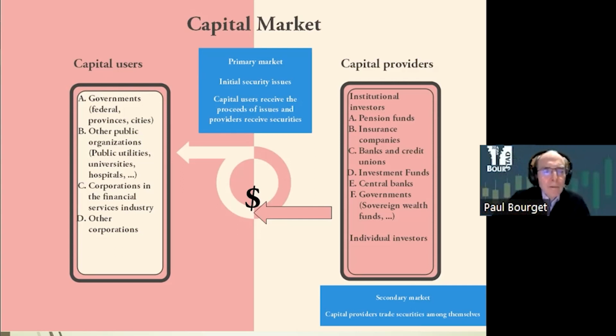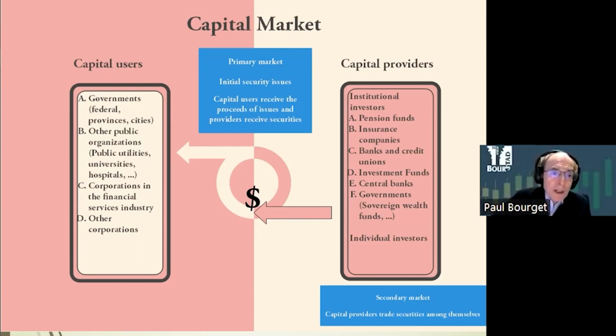So who are capital users? First, you have the governments. They need capital to build roads, hospitals, and they collect taxes, and these taxes are used to reimburse their borrowings.